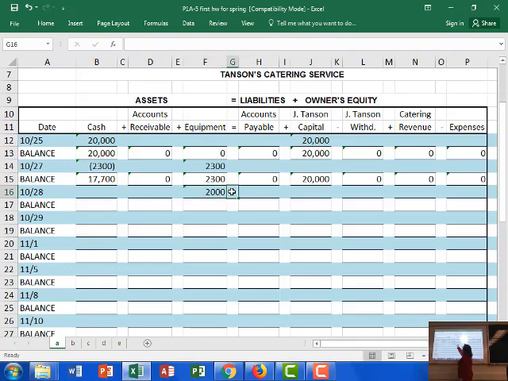And we're going to now also increase liability by $2,000. Now, see why it's increased? It was 0 before. But now we've just increased our liability while still increasing our equipment. That can happen. That's allowed.